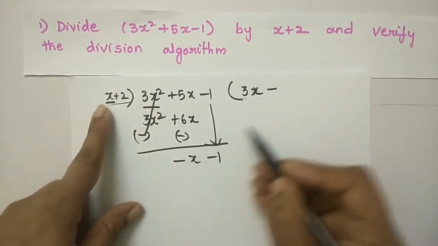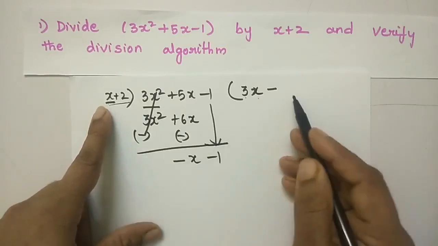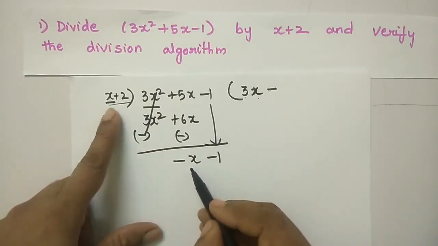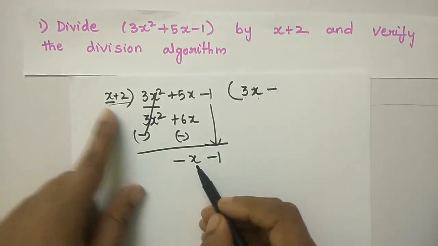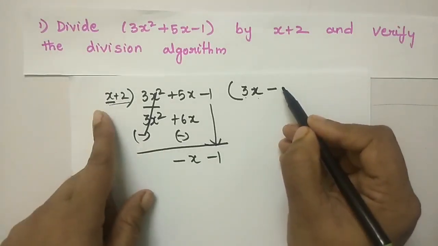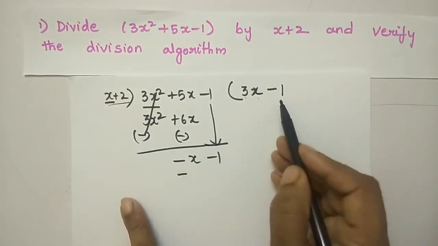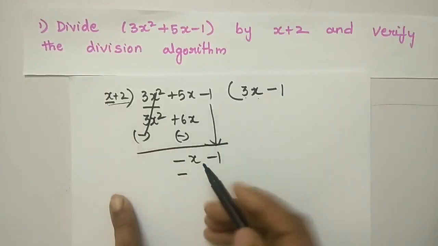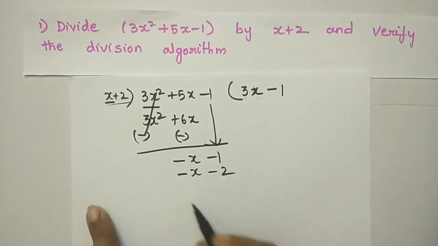So here 1 quotient, here also 1 quotient. So 1 into 1 is 1. So no need to write anything. Here x is variable, here is also x variable. So it is enough to multiply with 1 because 1 into x you will get x only, is it not? So minus, now multiply this minus 1 with whole g of x, minus x minus 2, change the sign.